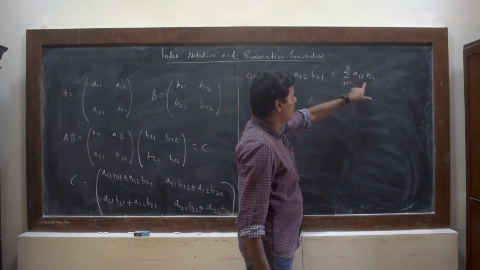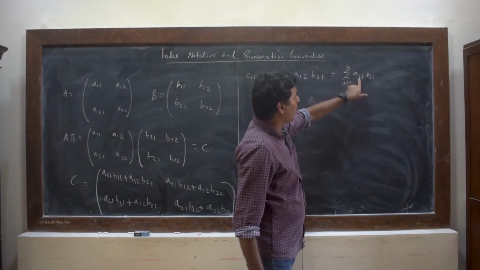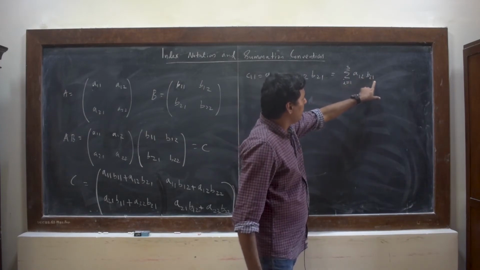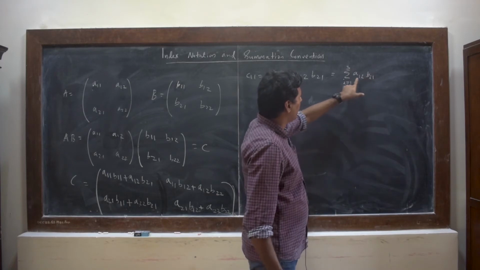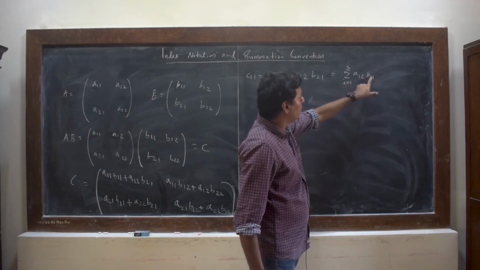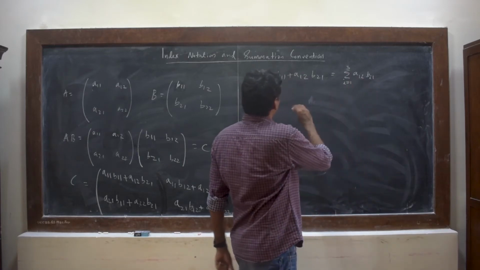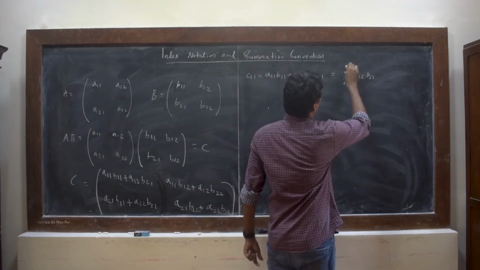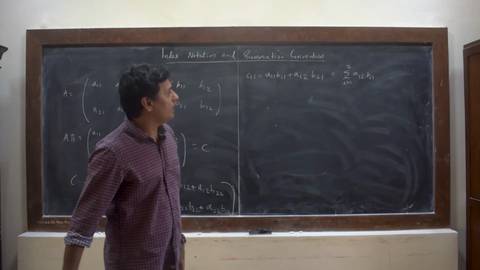If you sum it over, when i is 1 you will get A11 B11 plus A12 B21, because here you have to specify that i goes from 1 to 2.